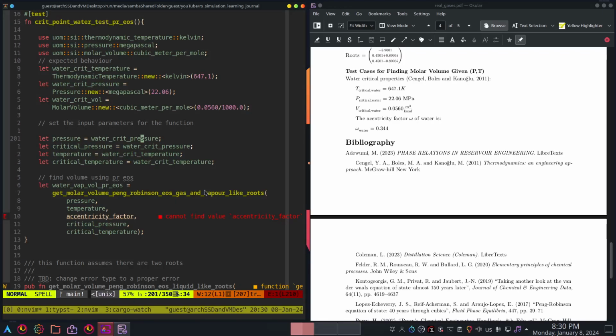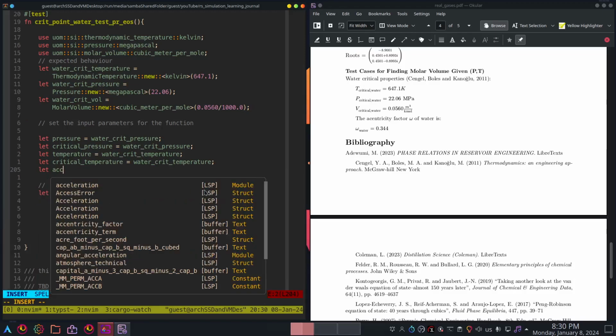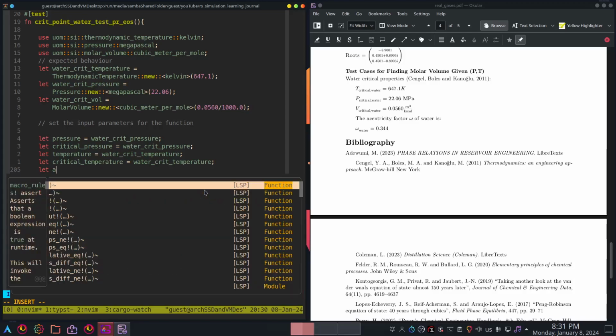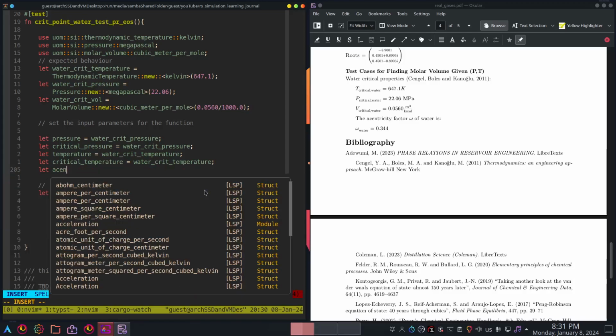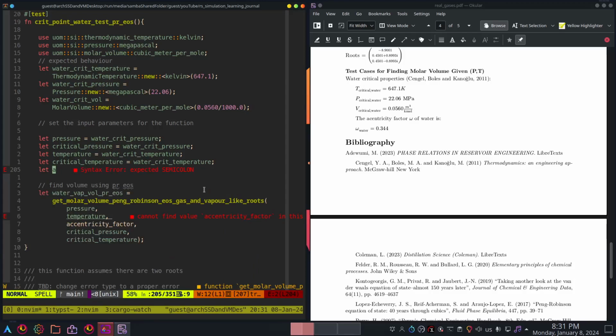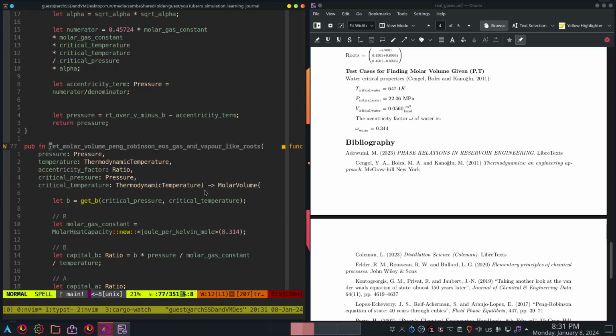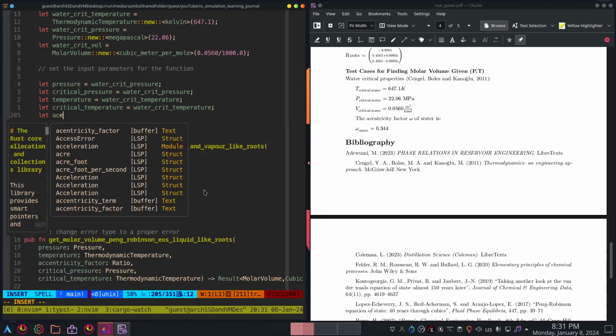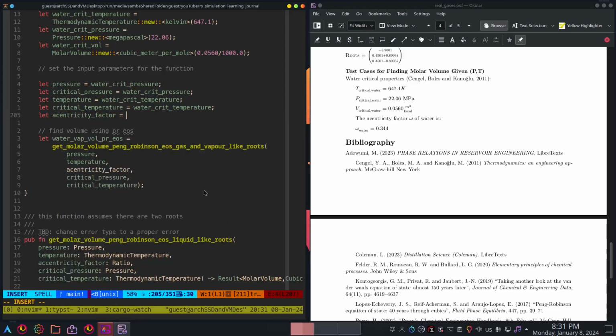So what's the eccentricity factor? 0.344. Again I spelled it wrongly. Let me change this. It's spelled with one C because it's acentric, not accented. Eccentricity factor equals 0.344. So that is the eccentricity factor of water.